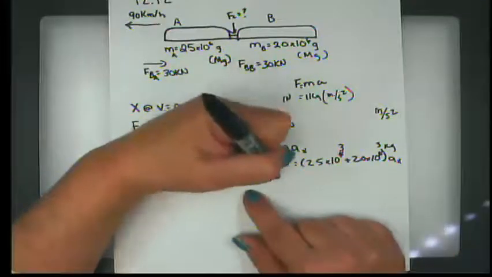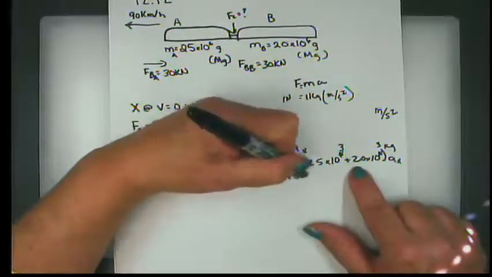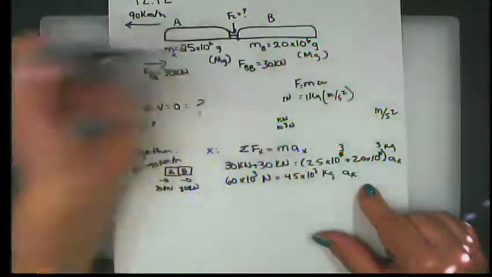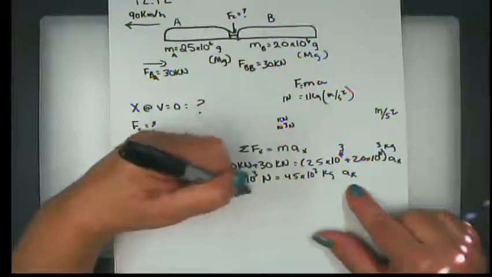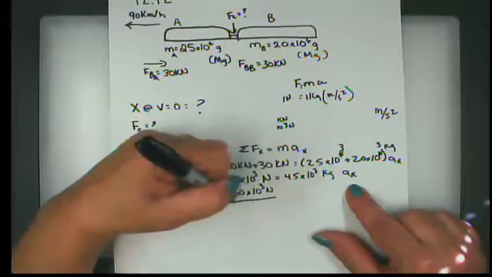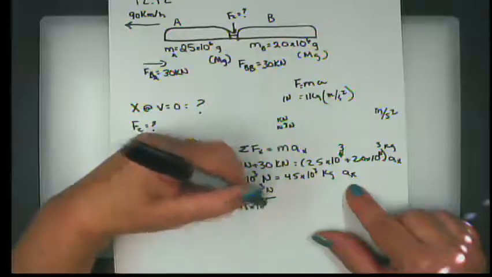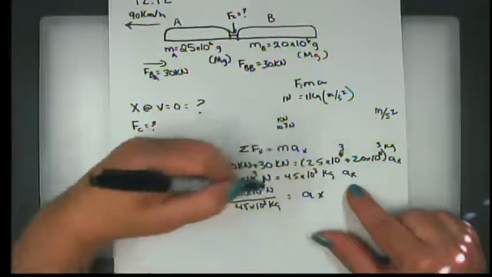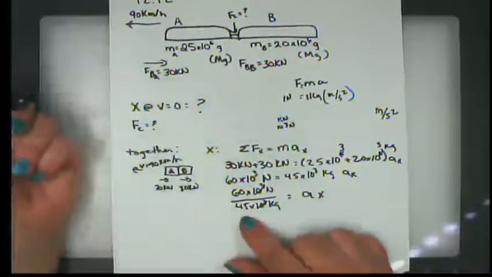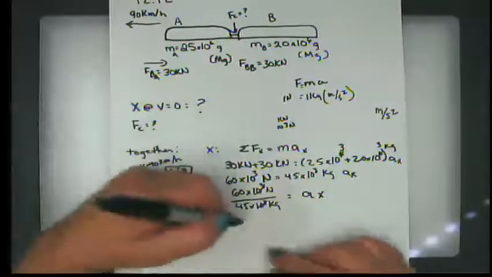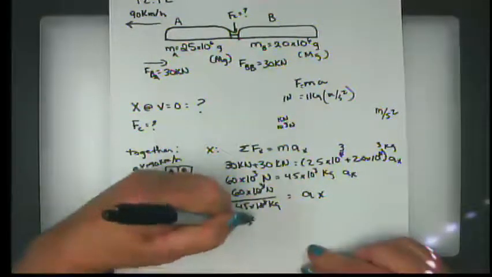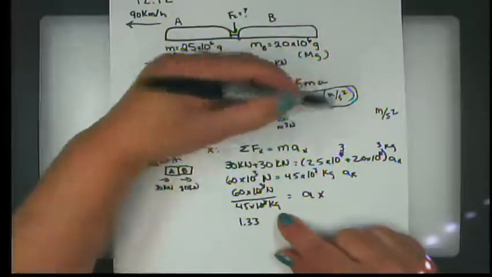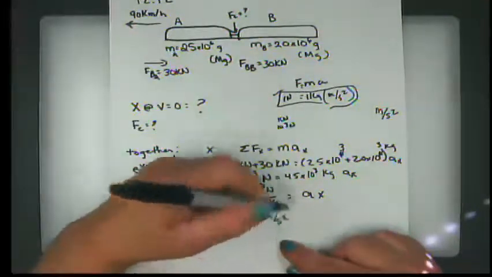So I get 60 times 10 to the 3rd equals 45 times 10 to the 3rd kilograms times the acceleration in the x direction, or 60 times 10 to the 3rd newtons over 45 times 10 to the 3rd kilograms is equal to a sub x. 10 to the 3rd cancels out. 60 divided by 45 is 4/3, 1.33. Newton per kilogram is dimensionally equivalent to meters per second squared.